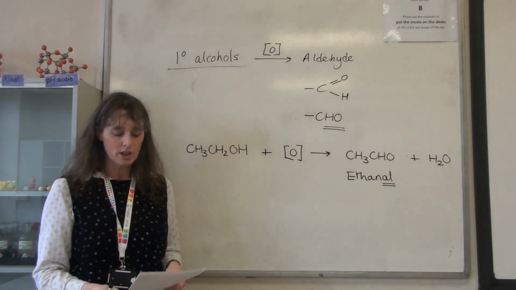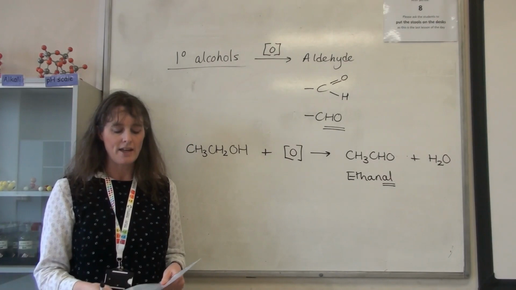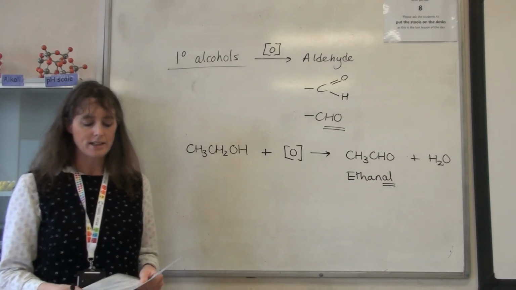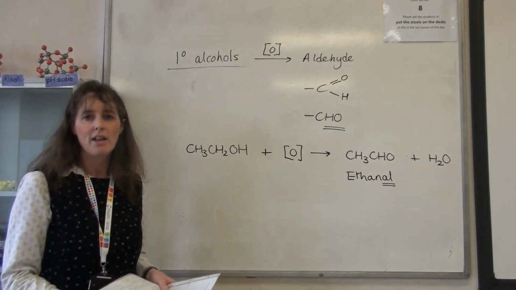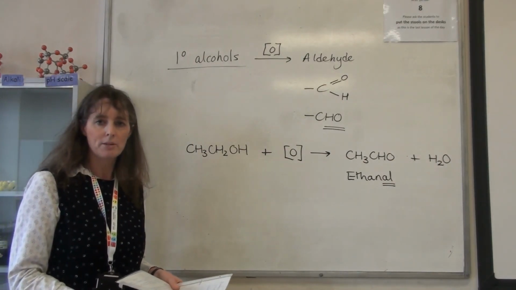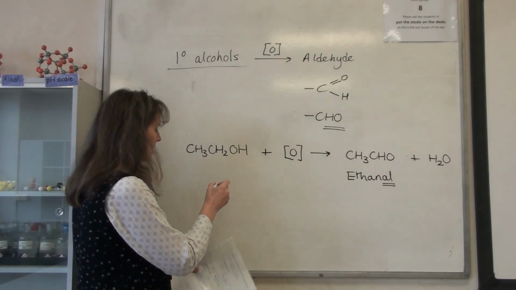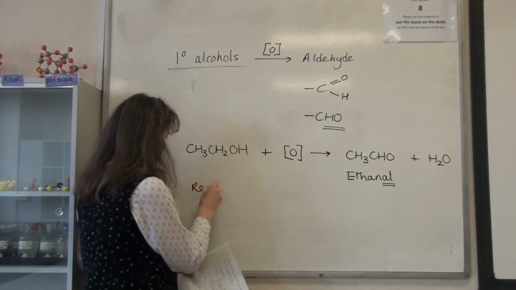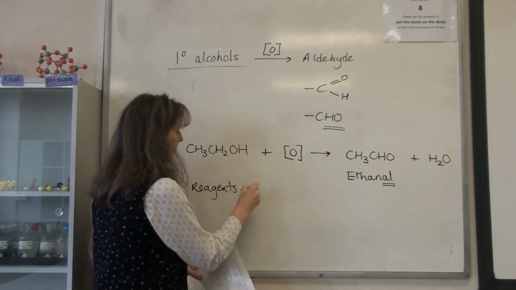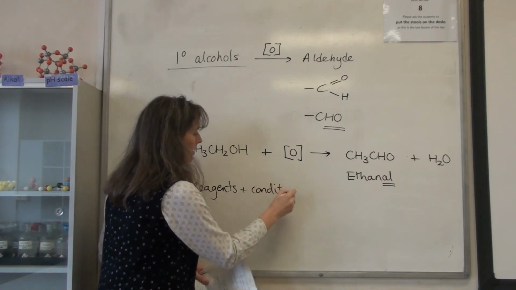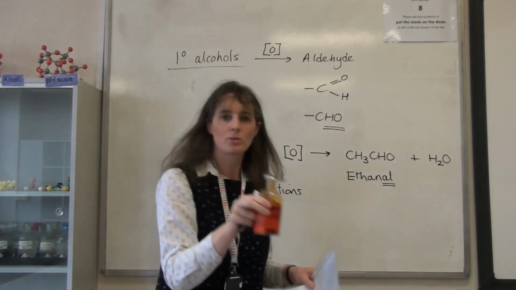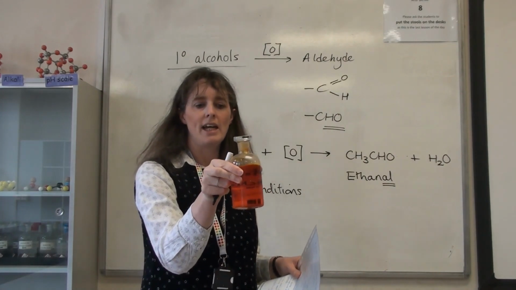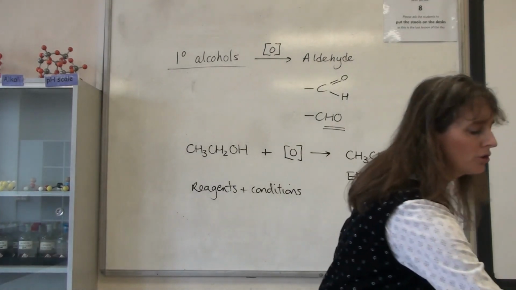Now we're going to look at the reagents and the conditions and go through some of the colour changes that are applicable to those. So one of the oxidising agents, one that we used the other day, is potassium dichromate.